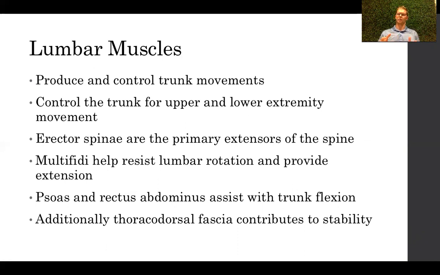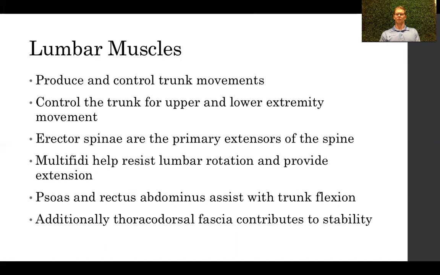You might see this in someone who, as they're trying to run, their hips sway from side to side. So the core muscles are not activating appropriately, and you're having more stress, causing less efficient movement of either the upper or lower extremity. When we talk about specific muscles, the erector spinae are the primary extensors of the spine.